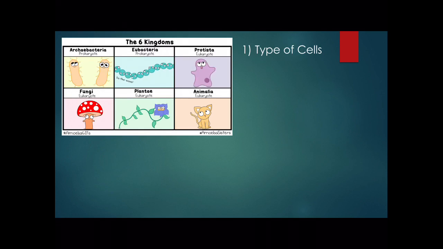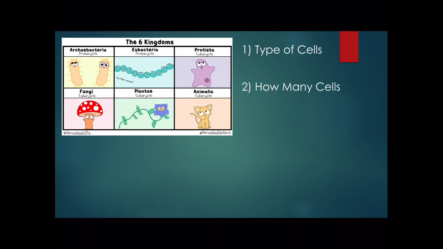If you look at those 6 pictures there, archaea and bacteria have a word underneath them called prokaryote. That is one of the ways that these kingdoms are divided up in how items are classified. The other 4 have something called eukaryote. So those are the different types of cells.